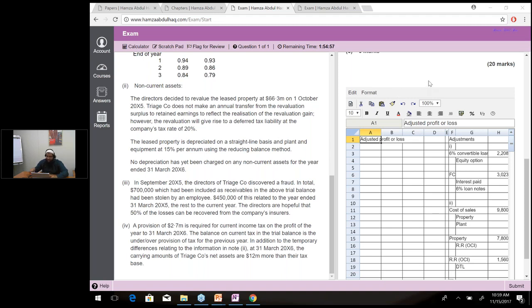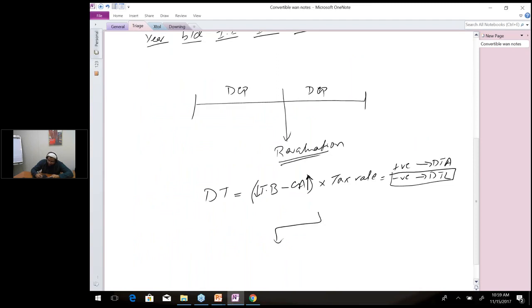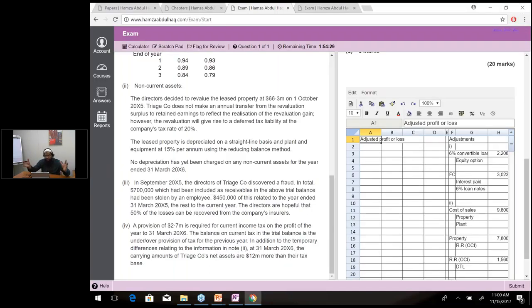Ahmed, if you are comparing 3960 with 3200, that would have both the impacts of P&L and the revaluation reserve. The impact of the P&L is 800 and the impact of the revaluation is 1560. So that will be more confusing for you. Keep both of them separately, the revaluation impact separate and the P&L impact separate. If you combine both of them, you will get more confused.